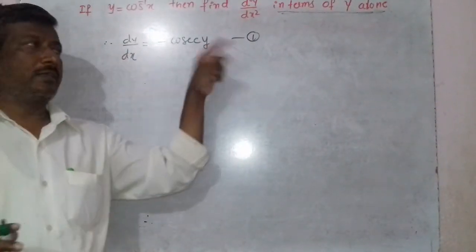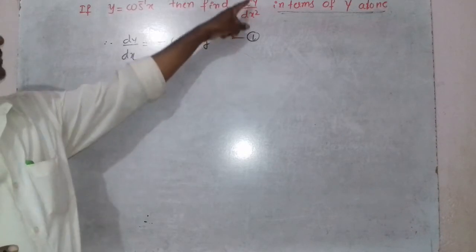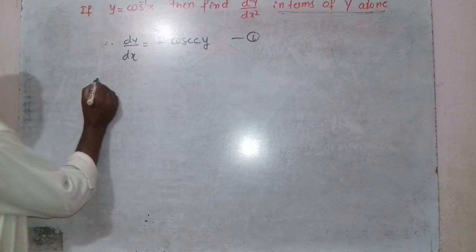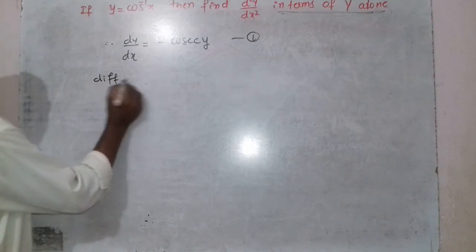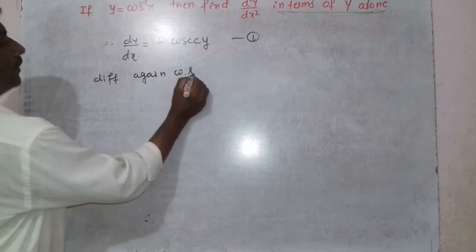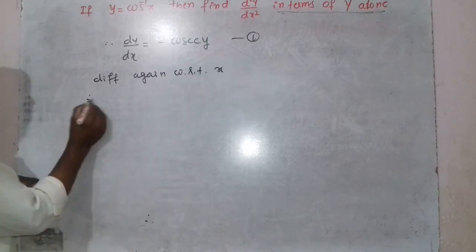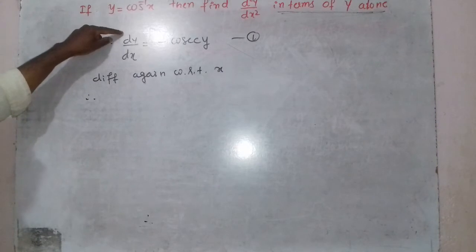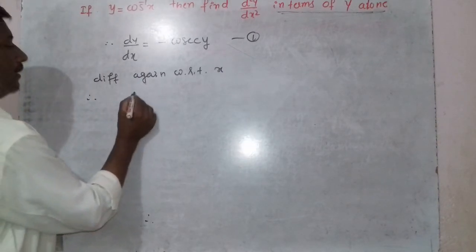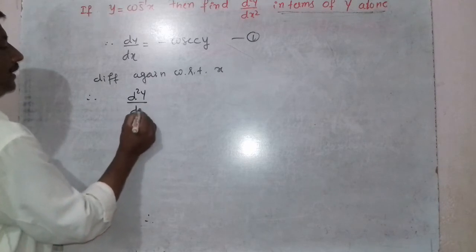So differentiate once again. Since d square y by dx square is required, therefore differentiating again with respect to x. Derivative of dy by dx, derivative of derivative, is d square y by dx square.